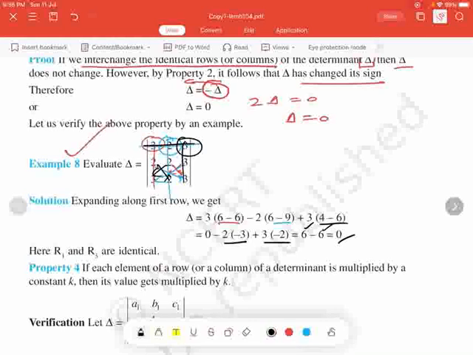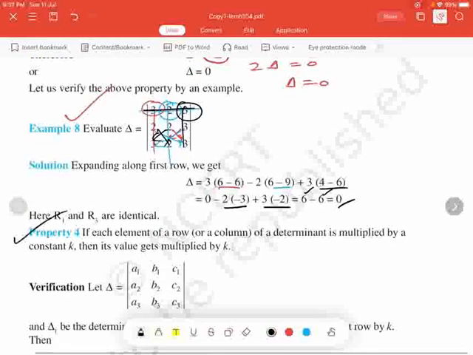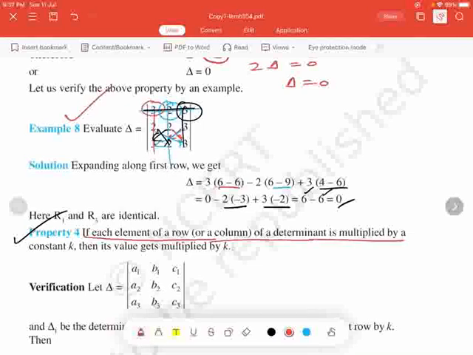Now the next, property number 4. Property number 4 is, if each element of a row or a column of a determinant is multiplied by a constant k, then the value gets multiplied by k.